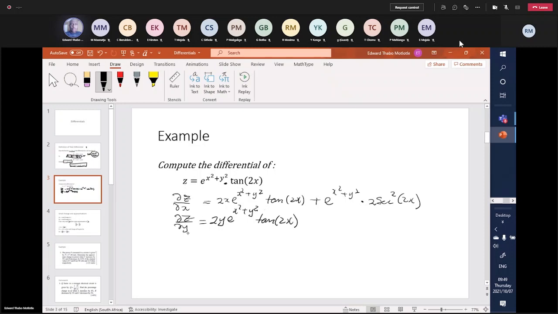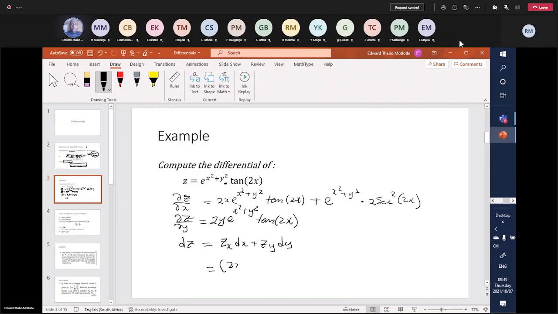Now you write this in terms of a total differential. Let's write the formula first. dz is equal to: you differentiate z partially with respect to x, dx, you differentiate z partially with respect to y, dy. Now what remains is just to substitute.